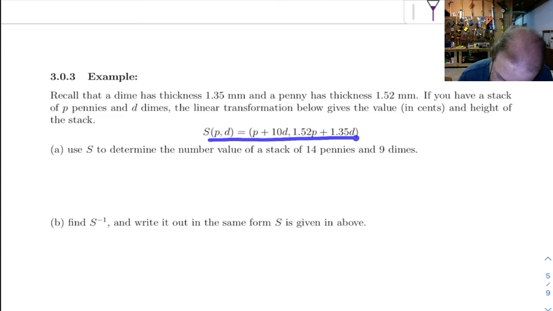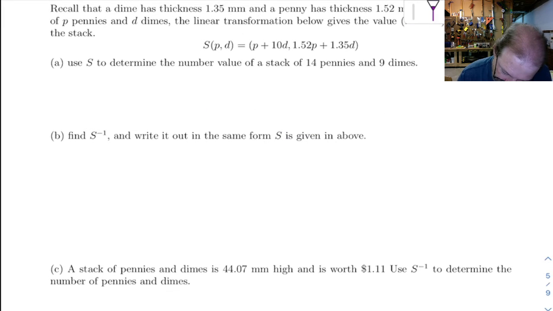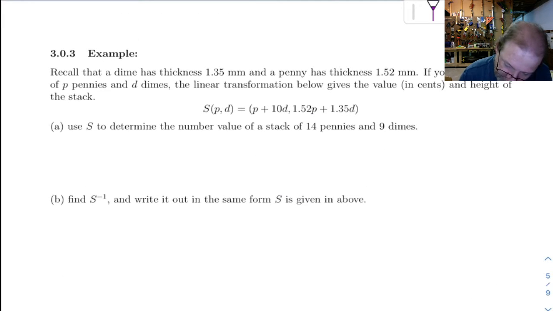And here's this function. And I've got three different things here to do. First, use S to determine the value of a stack of 14 pennies and 9 dimes, and the value and height.